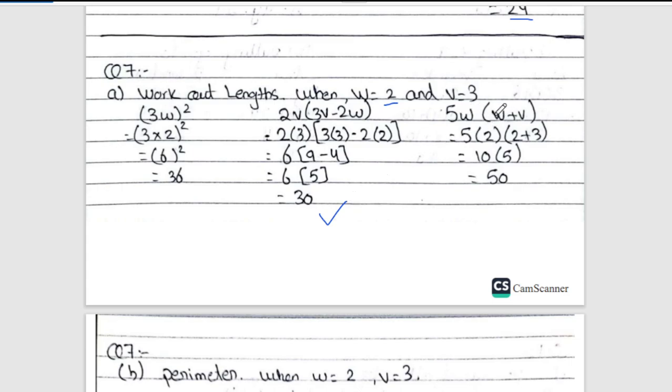By putting the values of w and v in the third expression, we can easily find the third length. w plus v, 2 plus 3 will be 5, and putting 2 as w, 5 into 2 will be 10, 10 into 5 will be 50. So these are the three lengths of the triangle. This is 1, this is 2, and this is 3.